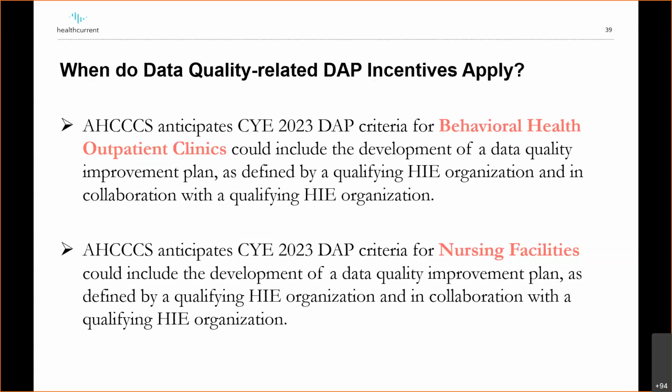Similarly for nursing facilities, this year is focused on getting the data into the HIE, and in CYE 2023, the nursing facilities could include the development of the data quality improvement plan, and then CYE 2024 would be when nursing facilities are potentially paid on actually meeting those data quality improvements. Next slide.